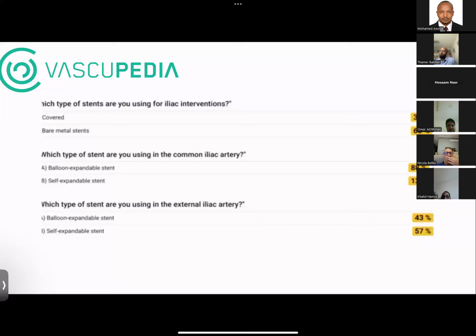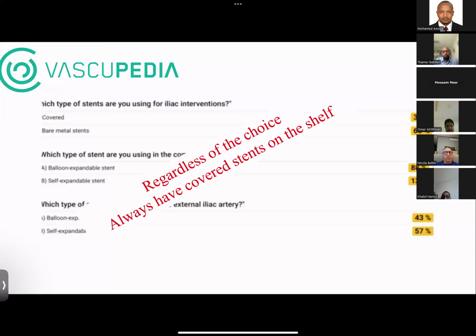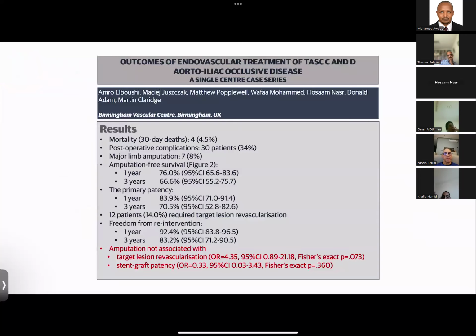It's got fantastic sessions there. They were discussing this exact question: which stent do we use for the aortoiliac segment? And as you can see, there is absolutely no consensus as to what to use because there's no evidence to suggest what is best. But regardless of your choice, always have covered stents on the shelf if you're going to embark on treating aortoiliac disease, because they do rupture and you will need a covered stent if that happens.